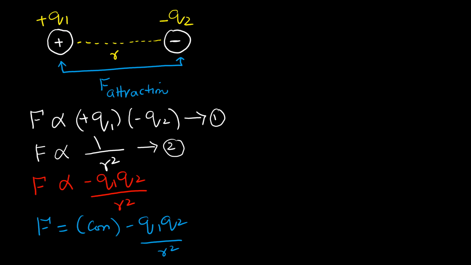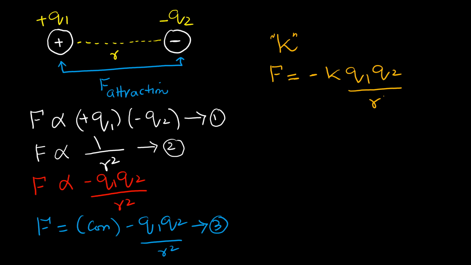Since, dear student, we know that the constant of proportionality is known as Coulomb constant, represented by a capital K, we can write equation 3 as F, force of attraction between two opposite point charges, is minus K into Q1 into Q2 divided by R square.